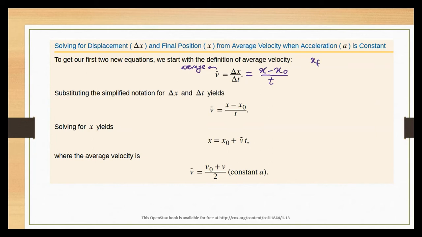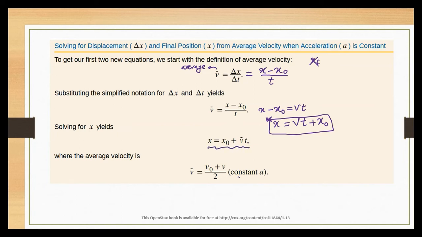This x is final position. And then v times t is equal to x minus x sub 0. So x is equal to vt plus x 0. This is the common equation between motion with acceleration and uniform motion.